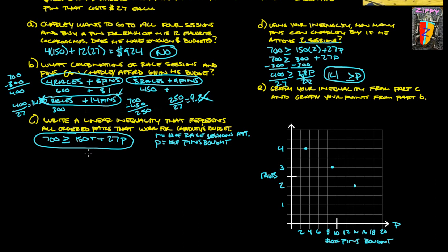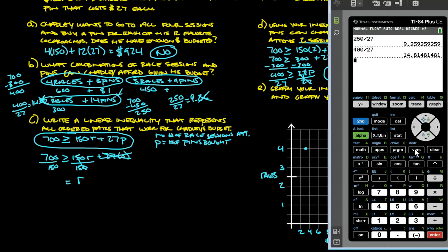Let's just say we put p equal to 0. So we'd have 700 greater than or equal to 150r plus 27 times 0. So we didn't buy any pins. We'd spend everything on races. So we divide both sides by 150. R equals 700 divided by 150, which gives us 0.466.